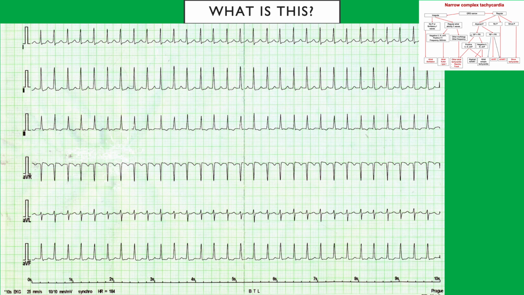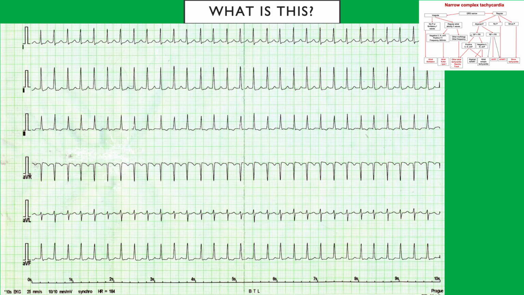Sinus tachycardia? Sinus tachycardia? Did you follow this one? Did you follow the steps? Follow the steps. So sinus, and what do you say? Sinus tachy. Atrial flutter, okay, and what do you say?